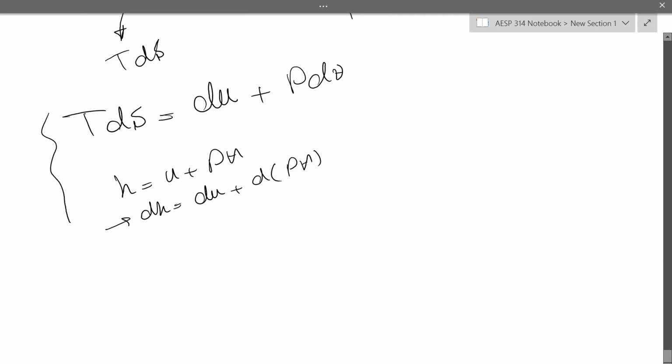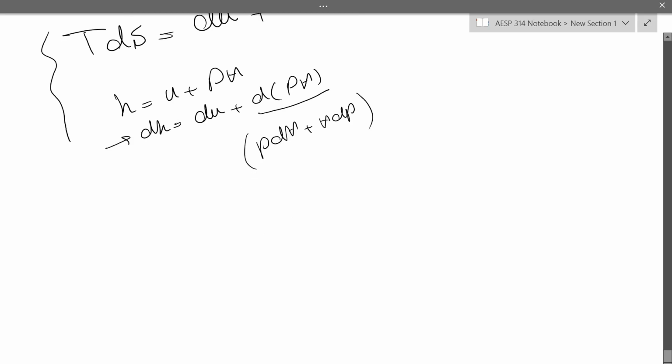Okay, how can I expand this? It's just a chain derivative, right? It's going to be PdV plus VdP. Is this clear? Yes?